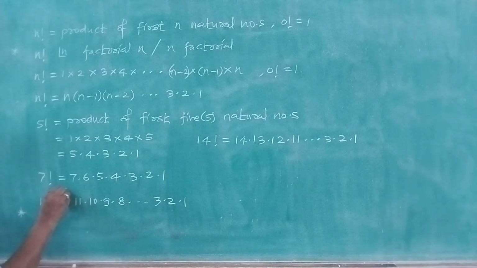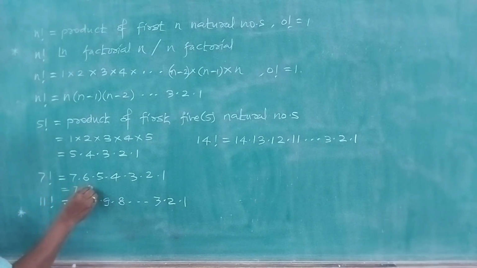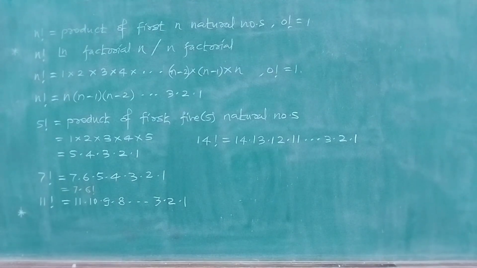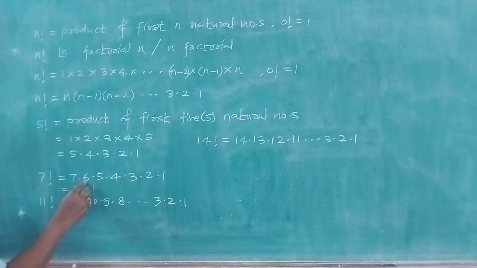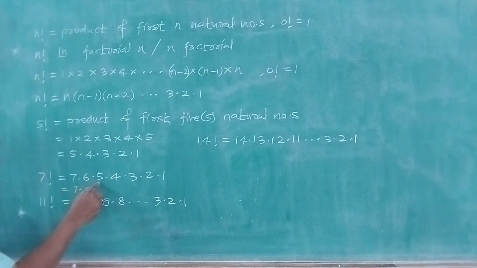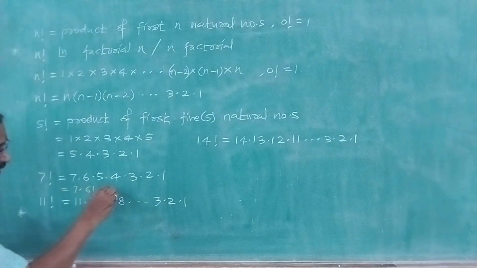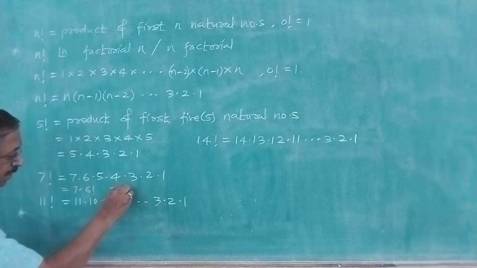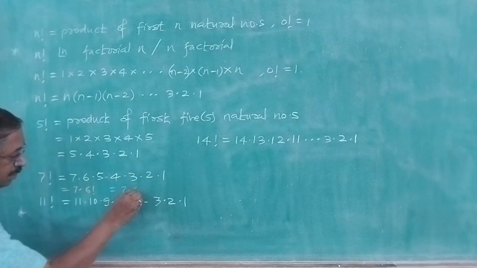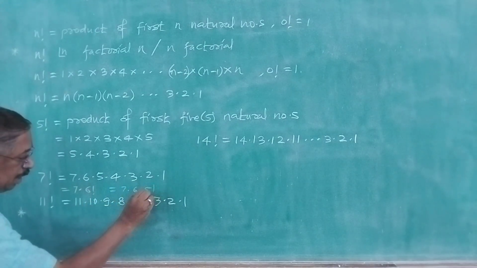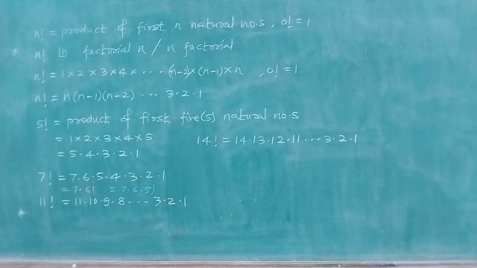Shall I write this as 7 multiplied by 6 factorial? Definitely we can. If I take 7 multiplied by 6 in one bracket, the remaining elements will be the product of the first 5 natural numbers. Shall I write the same as 7 multiplied by 6 multiplied by 5 factorial? Is it an interesting part?